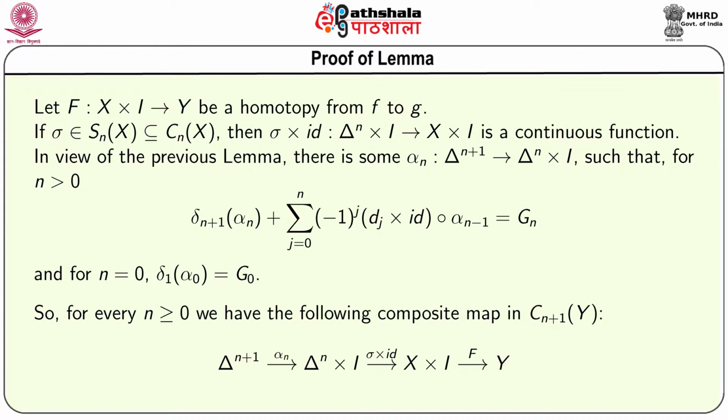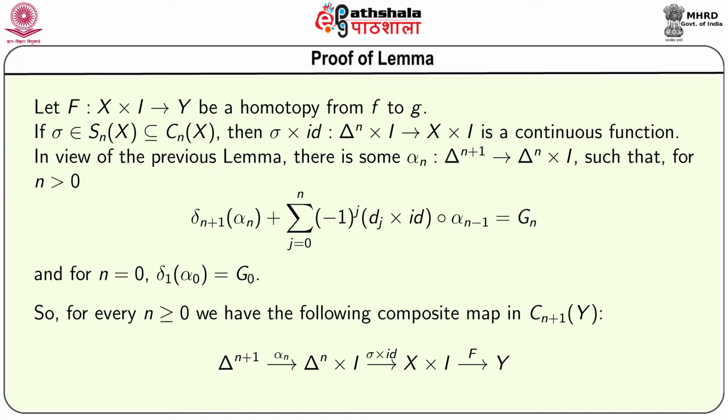In view of the previous lemma, there is some alpha n from delta n plus 1 to delta n cross I, such that for n greater than 0, delta n plus 1 alpha n plus summation j equal to 0 to n minus 1 to the power of j dj cross identity composed alpha n minus 1 is equal to Gn, and for n equal to 0, delta 1 alpha 0 is equal to G0.